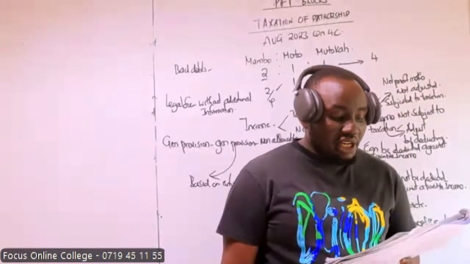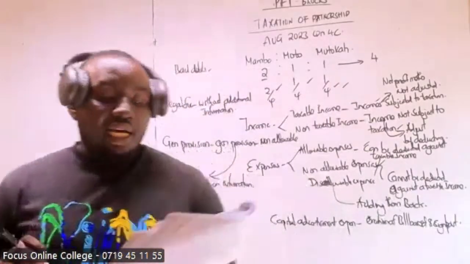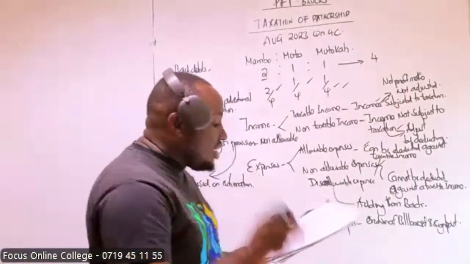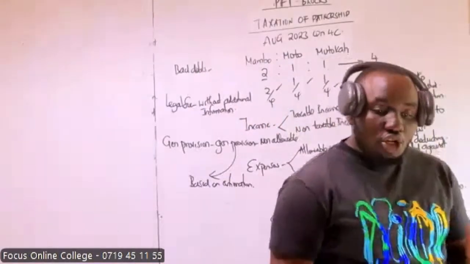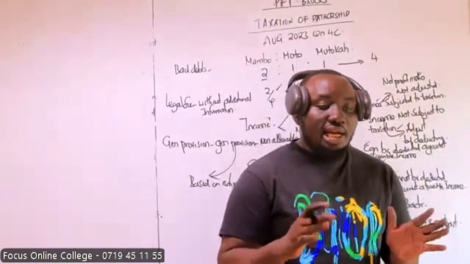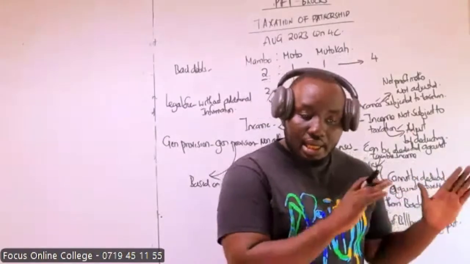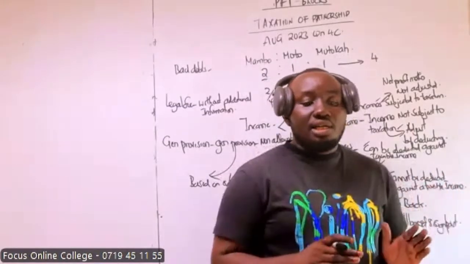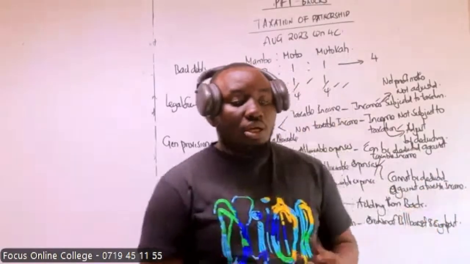Additional information number 5. The examiner tells us that investment allowance was agreed at 380,000 with the Commissioner of Domestic Tax. If you're told that investment allowance was agreed at a figure of XYZ by the Commissioner of Domestic Tax, what is it telling you? Are we going to calculate? No calculation needed.